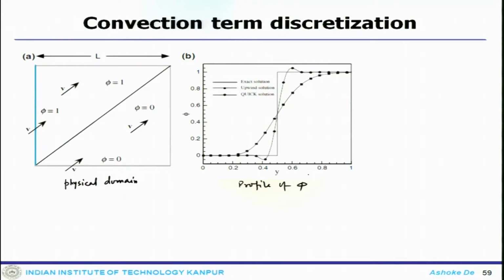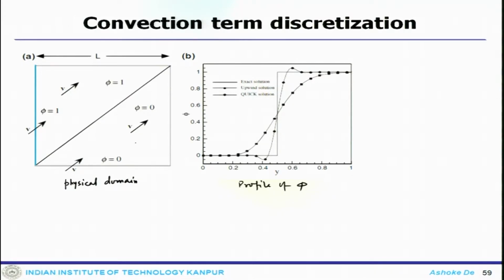So, in the physical problem, if you see, the velocity was oblique in the physical domain. Now, this represents that in this particular square domain, the scalar phi is being convected in the field. So, there is an underlying velocity flow field which is actually convecting the phi.